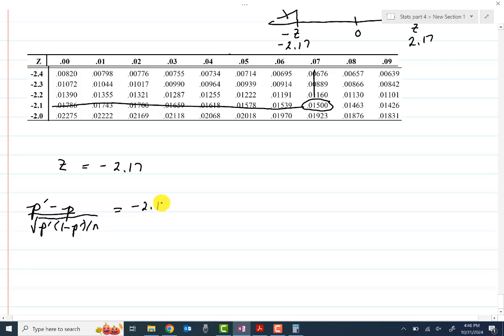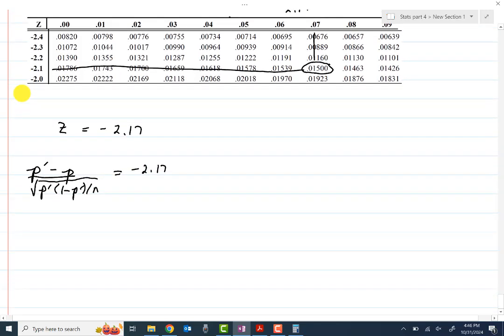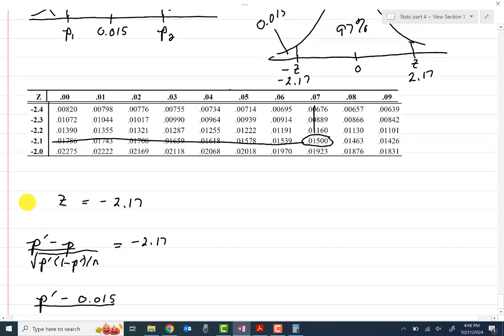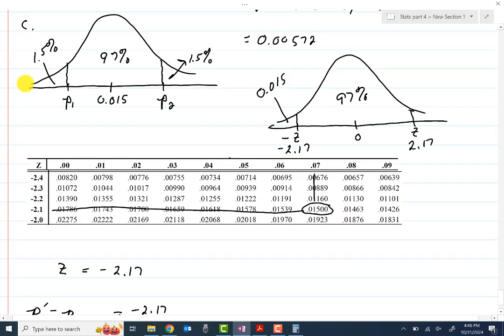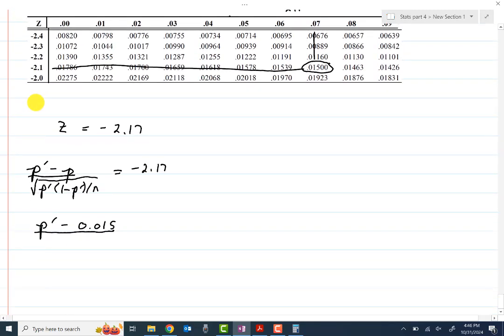And that equals negative 2.17. Let me put in my numbers. That bottom one we calculated, one of the first things I did: 0.00572.